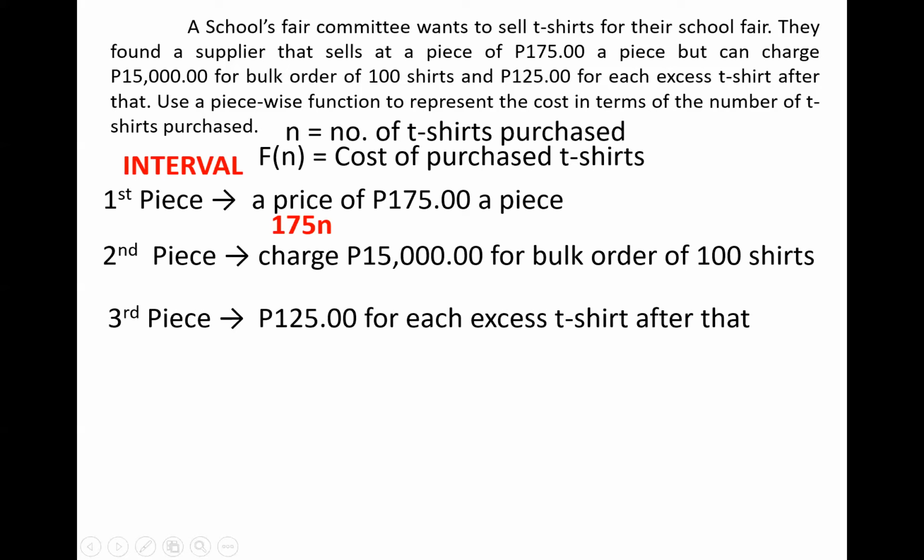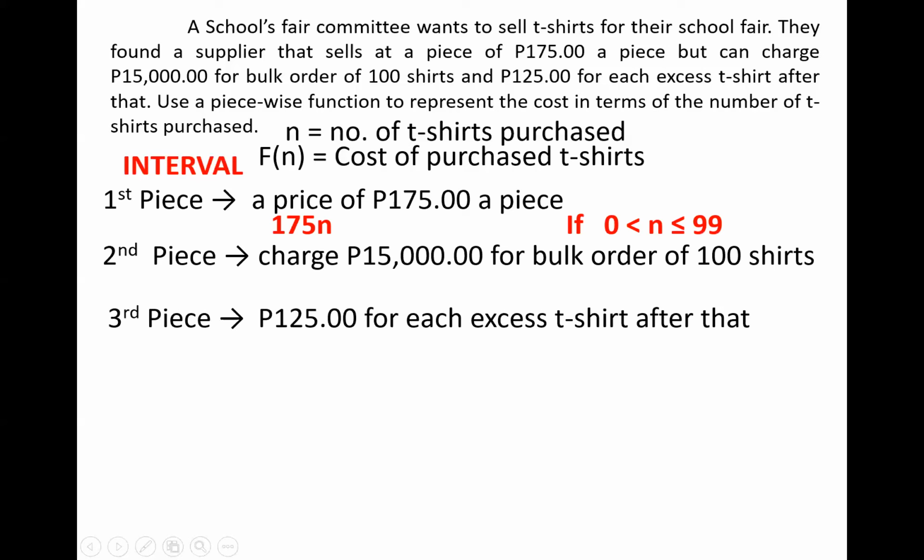Okay? Sabi dito, a piece bought can charge 15,000 for bulk order of 100 shirts or yung second piece natin. So, ibig sabihin, pag naka 100 shirts ka na binili, that is already 15,000 automatically. So, meaning to say, ang number of t-shirts para ma-avail mo ang 175 per piece is nakay 99 pieces pababa.